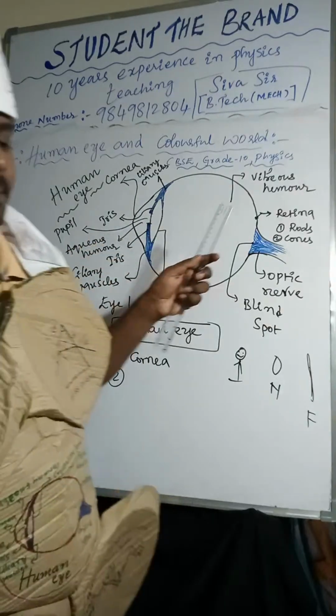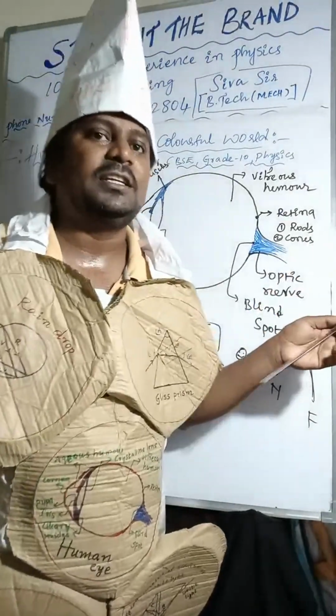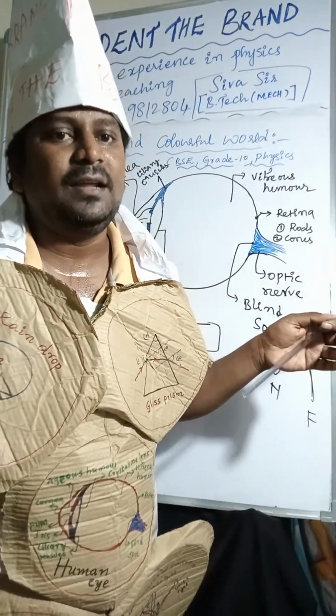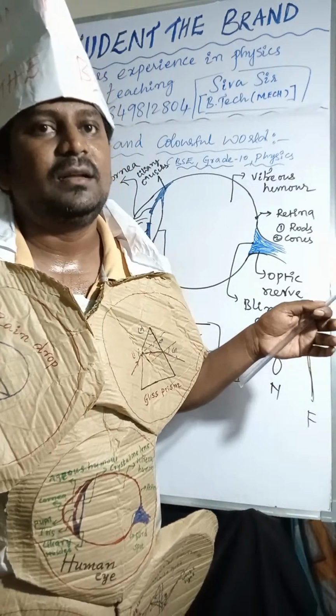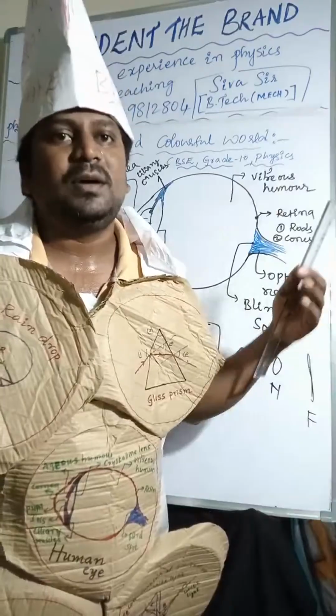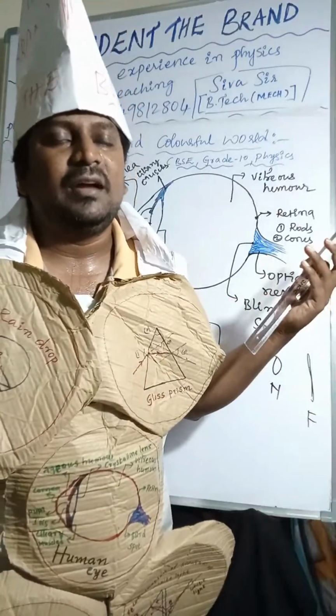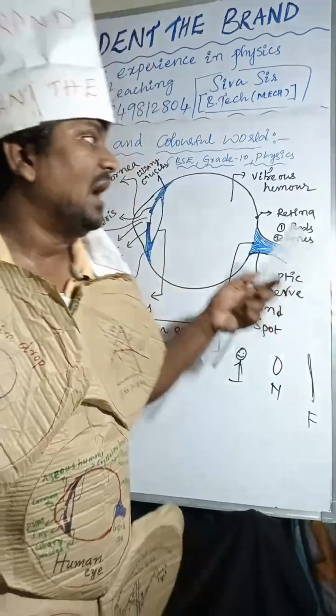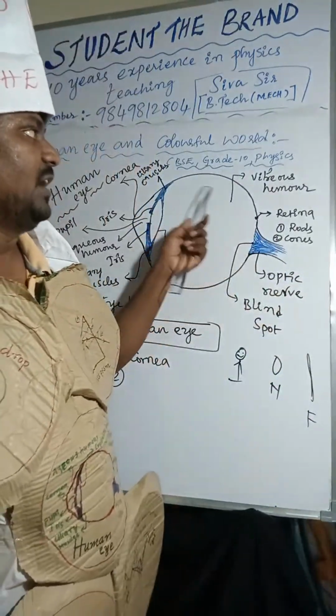This portion is completely filled with a jelly-type liquid material, that is aqueous humor. Aqueous humor provides blood and nutrition to the central cornea. And the next one, this entire portion is filled with vitreous humor.